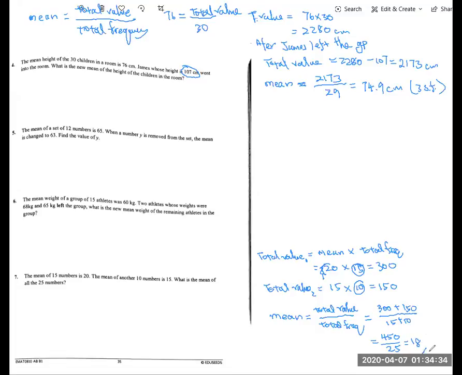Okay, so this will be the mean. Let's see whether it's correct. Correct. So this will be the answer. Okay, not so difficult.